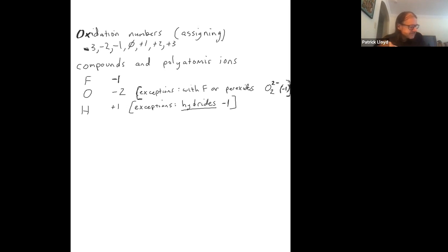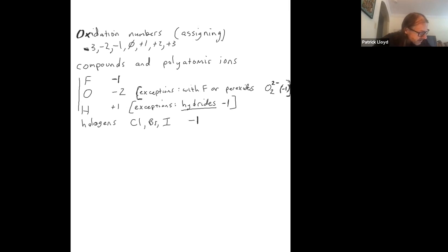There's the first three. Now, the halogens. These would be chlorine, bromine, and iodine. Notice I'm not putting in fluorine because I already discussed fluorine. These ones are -1. Now, there is an order of hierarchy in this.